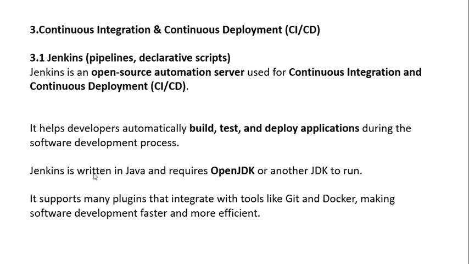Jenkins is written in Java and requires OpenJDK or other JDKs to run. It mainly supports plugins that integrate with tools like Git and Docker, making software deployment faster and more efficient.